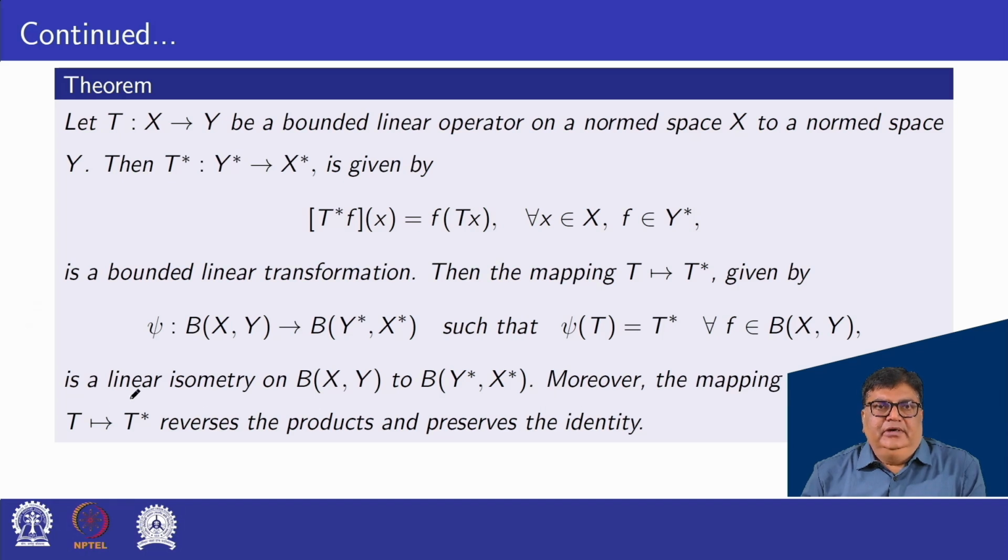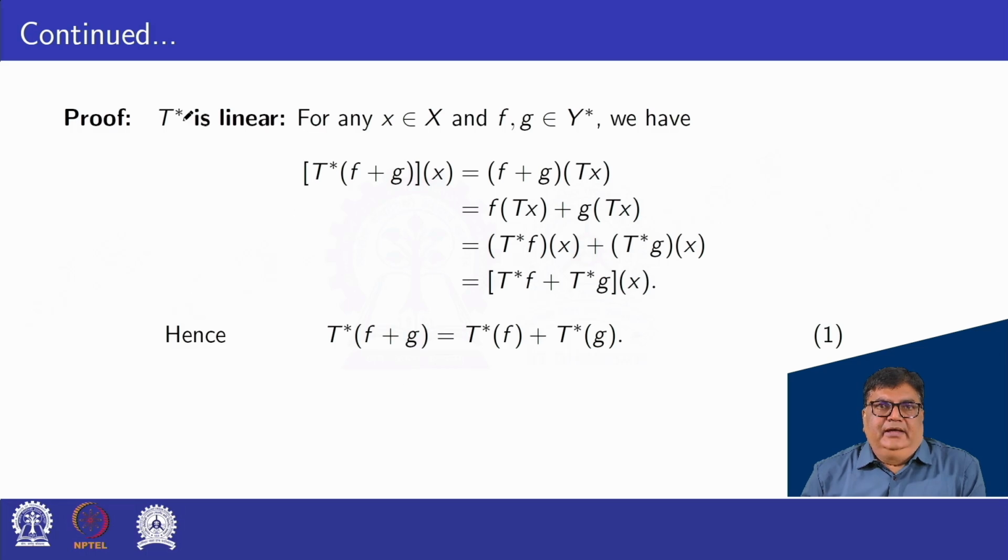Moreover, the mapping T to T star reverses the products and preserves the identity. Let us prove it one by one.